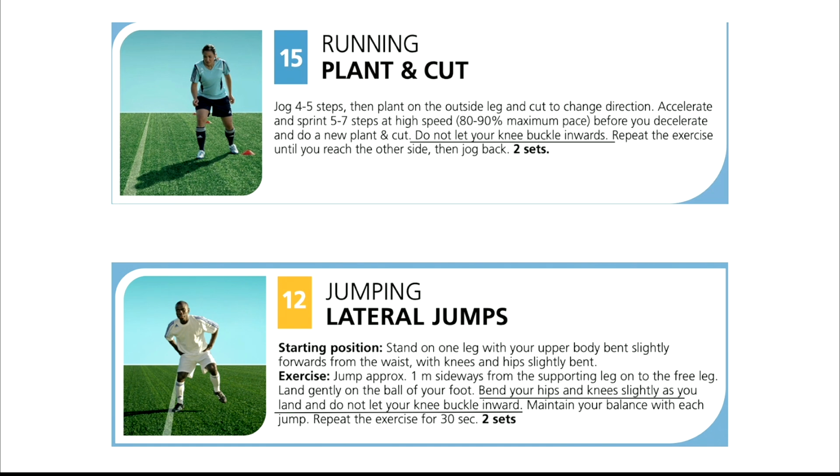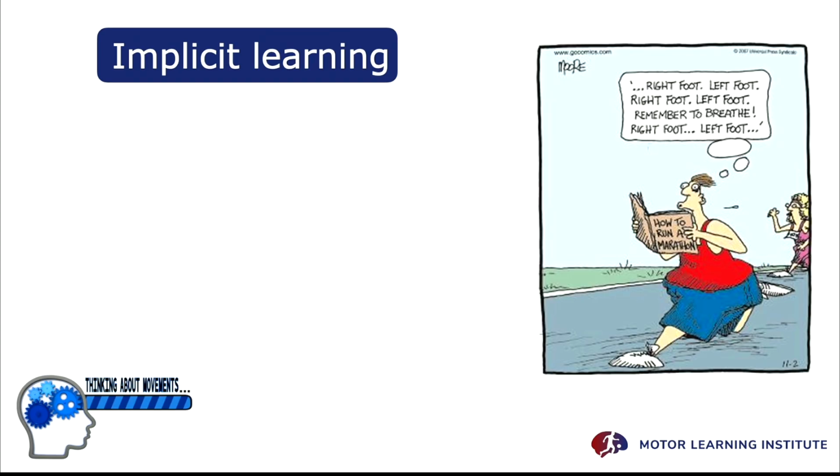So now to ACL rehabilitation. Traditionally, more explicit instructions have been used. For example, do not let your knee buckle inwards, bend your hips, bend your knees, etc. But there are opportunities for us to transform this more to implicit instructions.